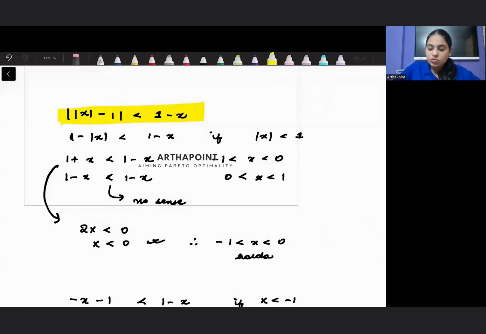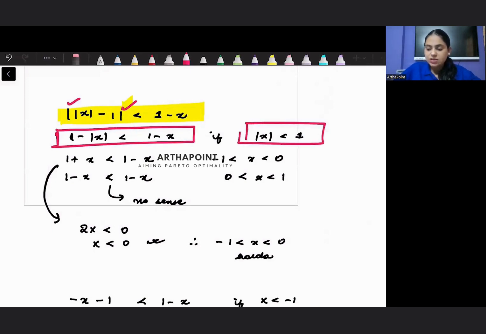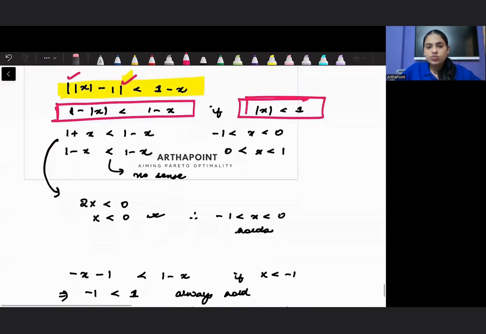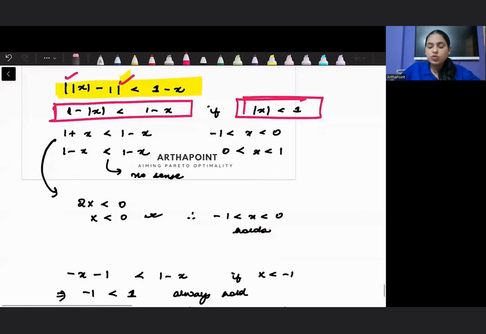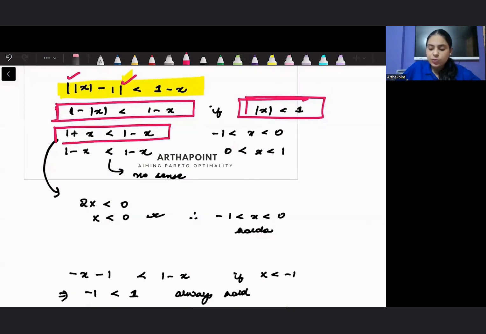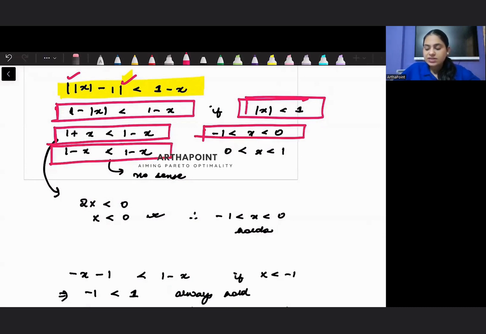You can remove this absolute value, and you can say that it will be 1 minus mod x less than 1 minus x if mod x is less than 1, right? If you further open this up, you will get 1 plus x less than 1 minus x if x is between minus 1 to 0, and 1 minus x less than 1 minus x if x is between 0 to 1.